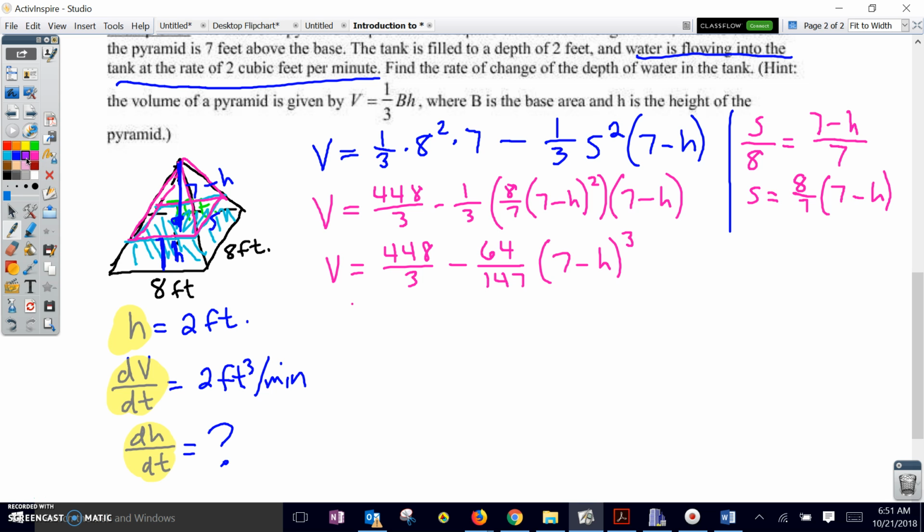And now I'm going to go ahead and differentiate this with respect to time. So dV/dt is equal to, derivative of 448 over 3 is 0. And so I've got negative 64 over 147 times 3 times the quantity 7 minus h, quantity squared, times the derivative of the inside, which is negative dh/dt. And I want to solve this for dh/dt so that I can substitute and simplify.